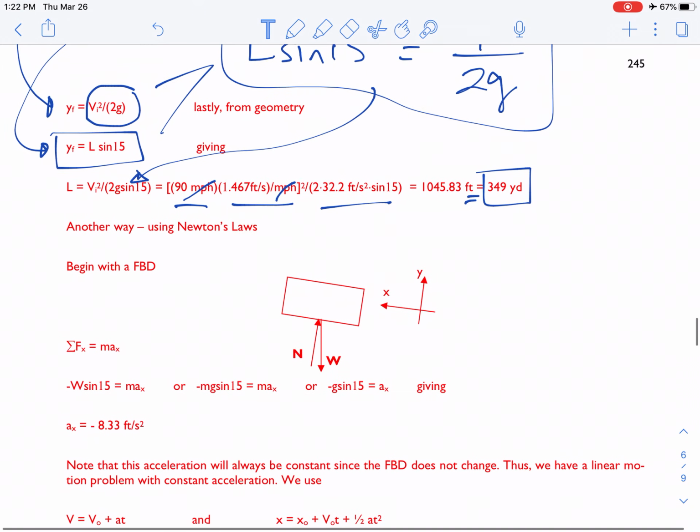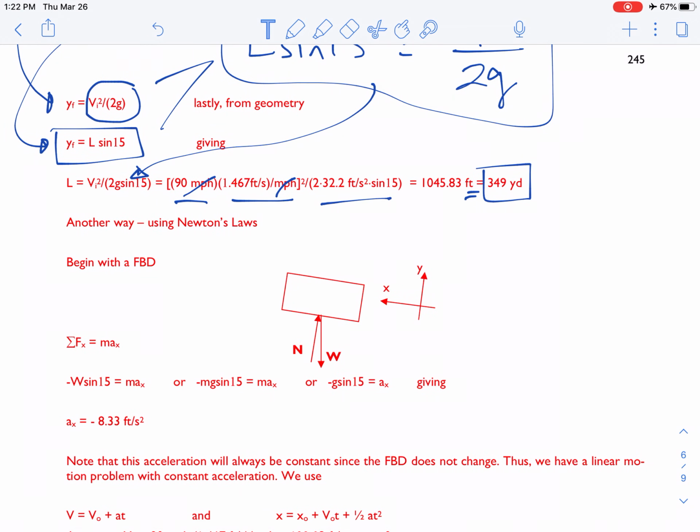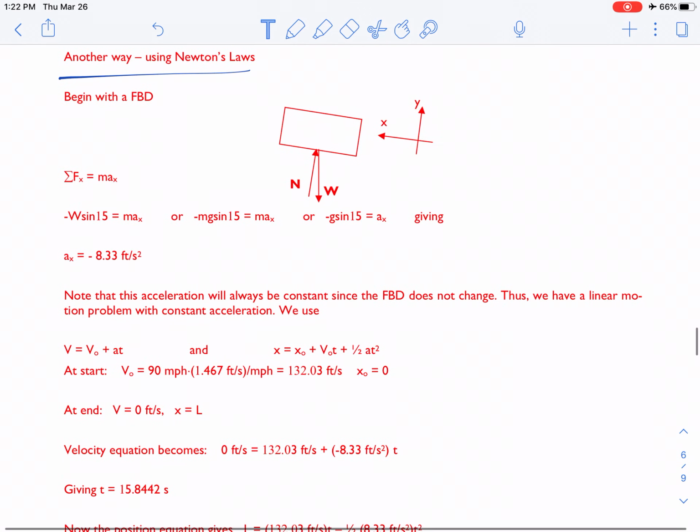So that's how you use energy conservation to figure this out. There is another way, and that's Newton's laws. Again, I'm not going to really explain this much because we've done a lot of problems with this, but also look into this. You apply the second law, draw your free body diagram carefully. Again, you have to have careful coordinate systems now, because you are applying the second law, so which one is x, which one is y.